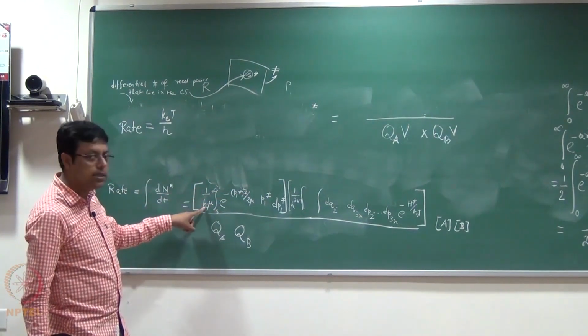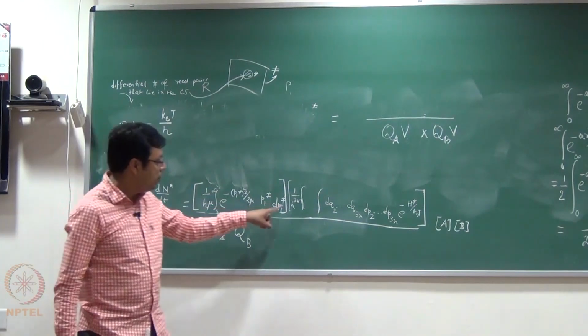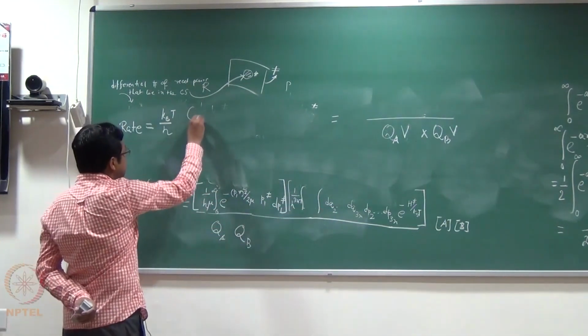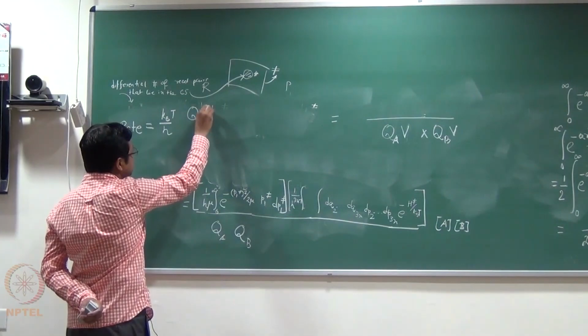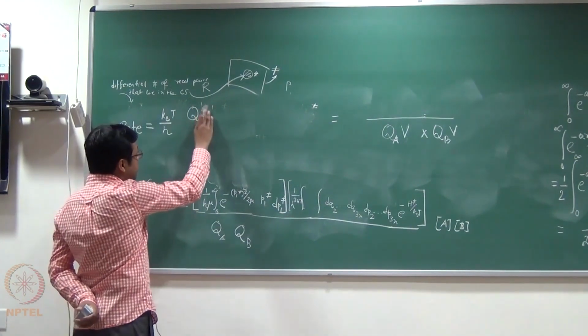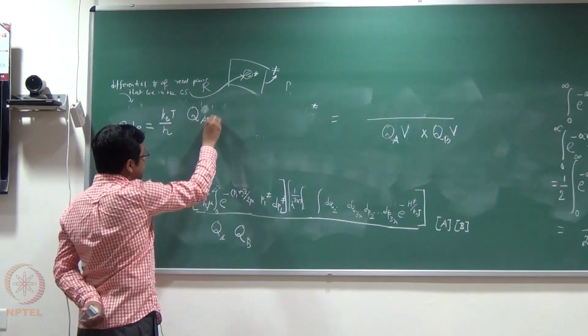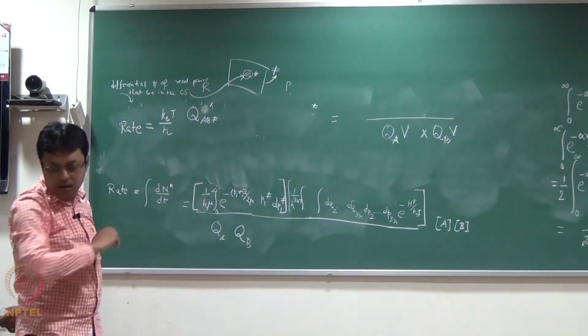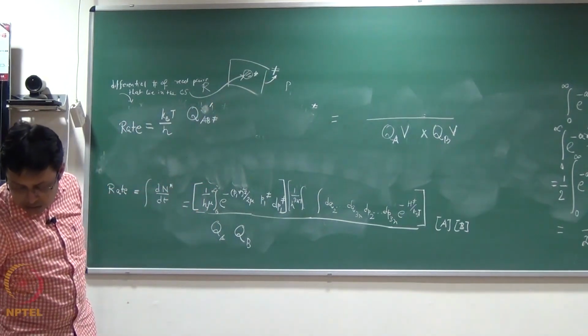So I'll have kBT by H. And for this integration, I'm just writing it as it is also a partition function. Clear? But which has 1 degree less. Let me just write it.